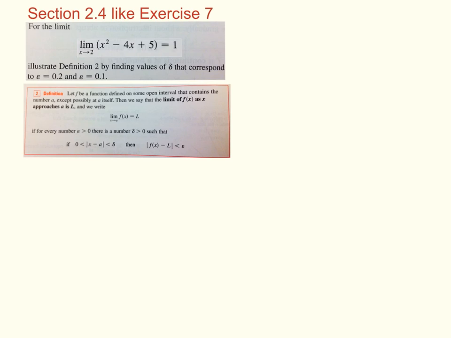Alright, so how does that translate into doing some work for number 7? Well, we're going to rewrite this part to make it look like this. That's our first step. So what does that mean?